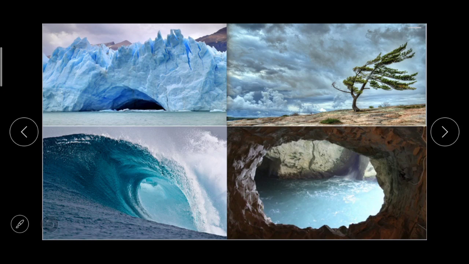The agents like running water, glaciers, wind, sea waves and groundwater do the work of erosion, transportation and deposition. Because of these agents, the earth's surface keeps on undergoing changes and new landforms are formed. So, in this topic we will study some of these landforms.